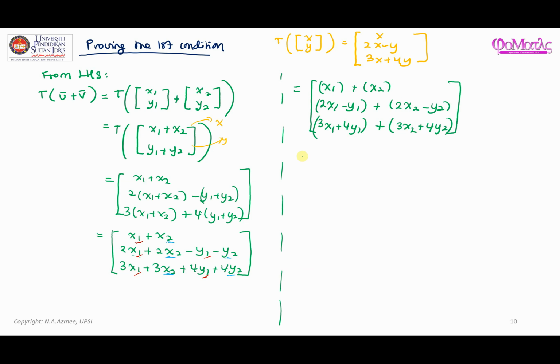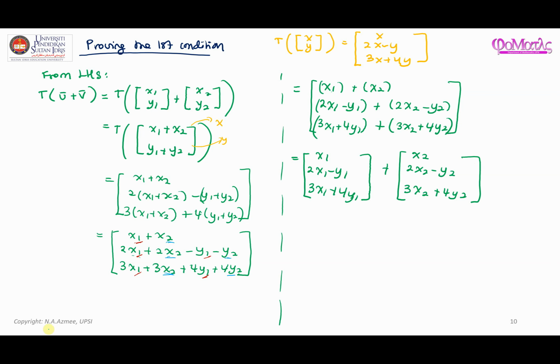Next, we can use different brackets for red and blue. So here is all red and here is all blue. Therefore, we can have x1, 2x1 minus y1, 3x1 plus 4y1, plus x2, 2x2 minus y2, 3x2 plus 4y2.